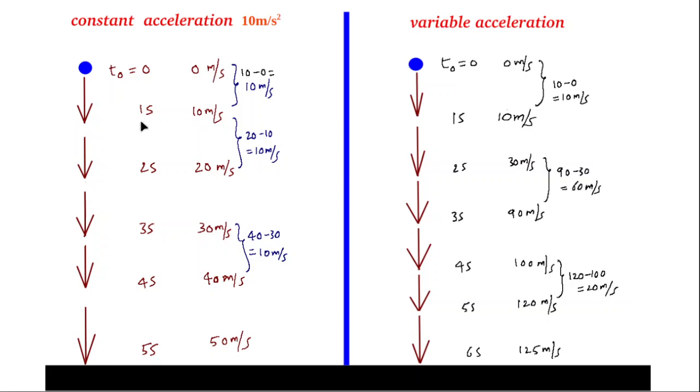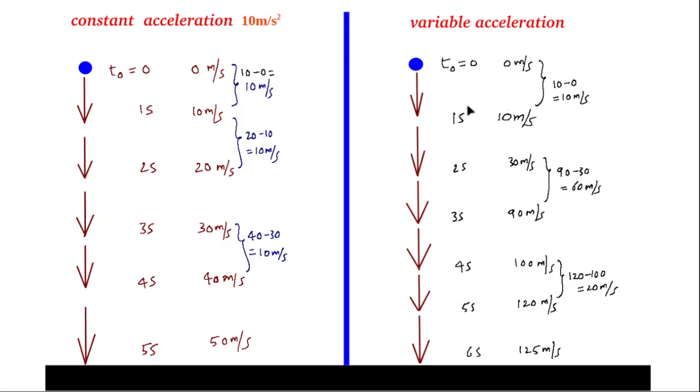At t equal to 1 second, the velocity is 10 meters per second. When time is 2 seconds, the velocity is 20 meters per second. In this way, for every 1 second interval, the velocity increases by 10 meters per second. That is why here the velocity is increasing from 0 to 10, then 20, then 30, then 40 meters per second.